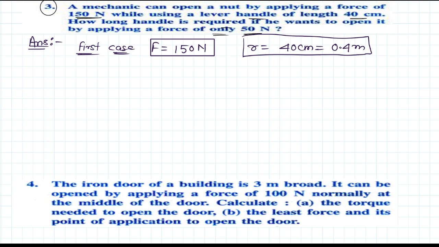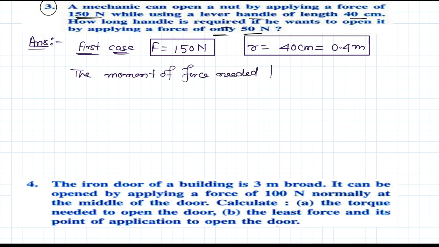Now the moment of force needed to open the nut, which basically is talking about the torque. Force into distance, so 150 into 0.4 equal to how much? 150 into 0.4 will be equal to 60 Newton meter.